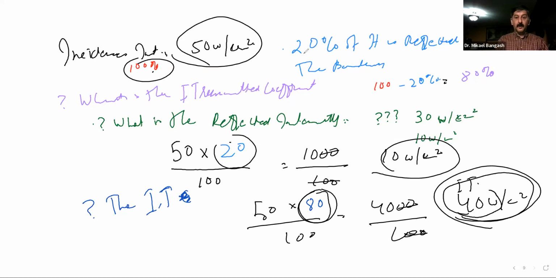Or if they're giving you the intensity reflection coefficient and ask you to calculate the transmission coefficient, you just subtract this from this, and that will give you this.